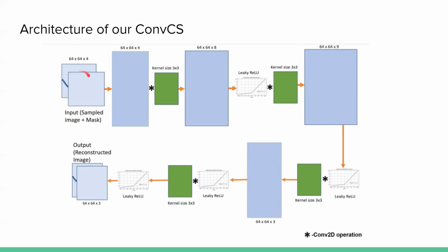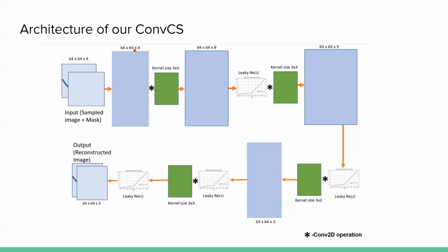The input basically consists of the sampled image, which is 25% of the pixels, plus the mask, which is then sent to the convolutional neural network. There are 4 Conv2D operations with a filter size of 3 cross 3. The activation is leaky ReLU here.